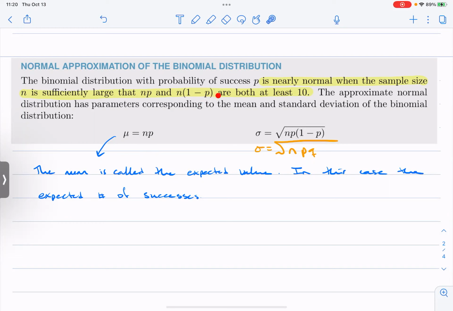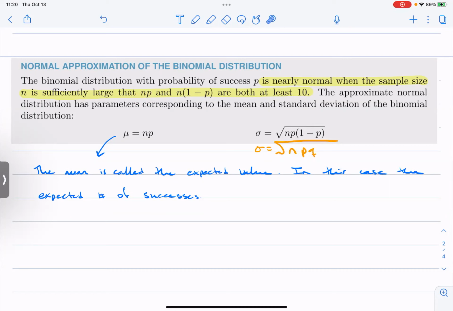So really what we're saying is, as long as I have a sample size large enough that I'm expecting at least 10 successes and at least 10 failures, then I'm good to go.